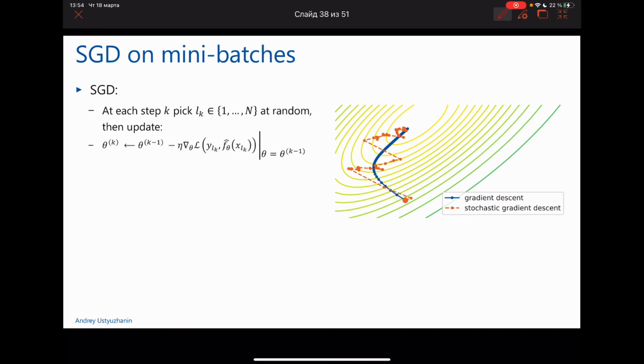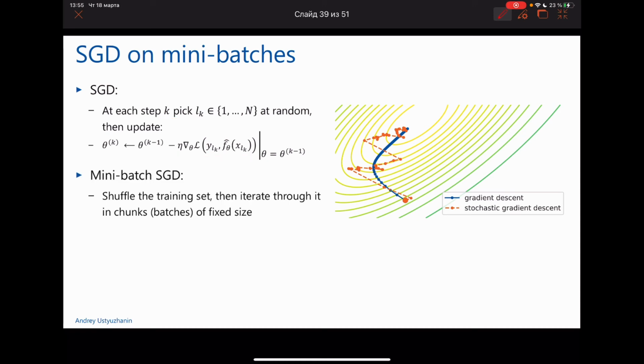First, I would mention SGD, stochastic gradient descent, on mini batches. Remember, stochastic gradient descent at every step k picks a single element at random, computes the loss function for this particular element, computes the gradient, and updates the weights of the predictor in the direction opposite to this gradient. This makes the method quite noisy.